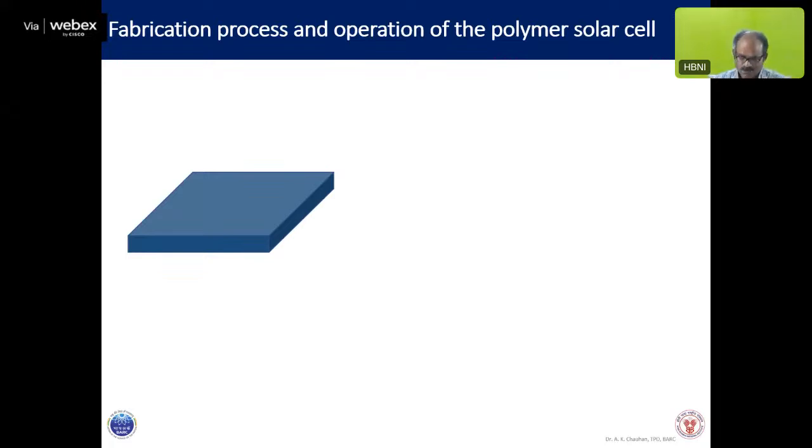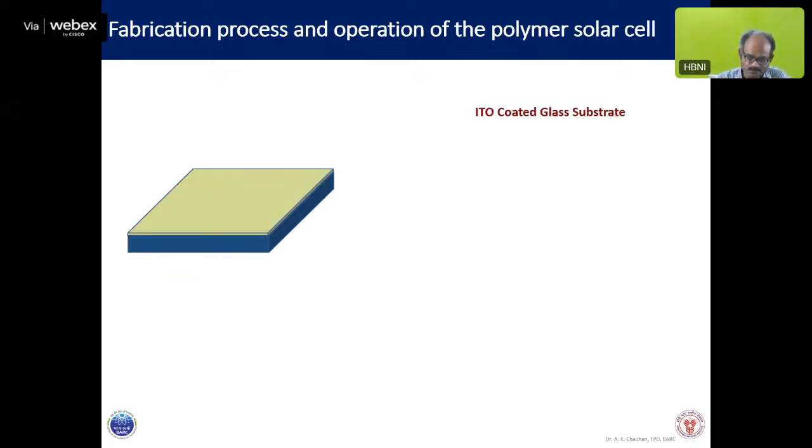So this is glass, and typically you get this kind of ITO coated glass from the market. Over this glass, the entire portion has been covered by ITO. So first you have to pattern it, and this patterning is done by chemical etching.